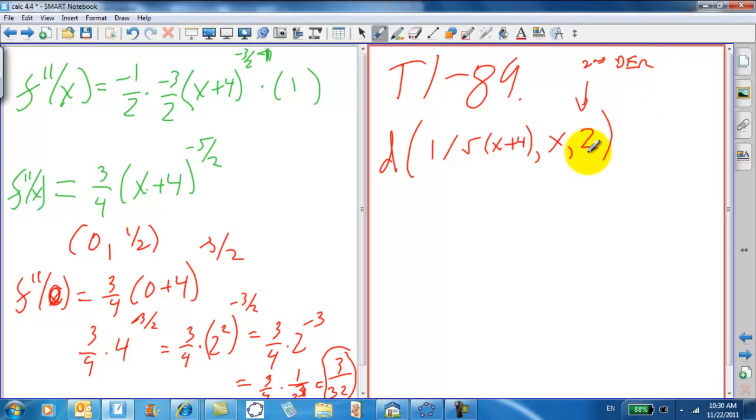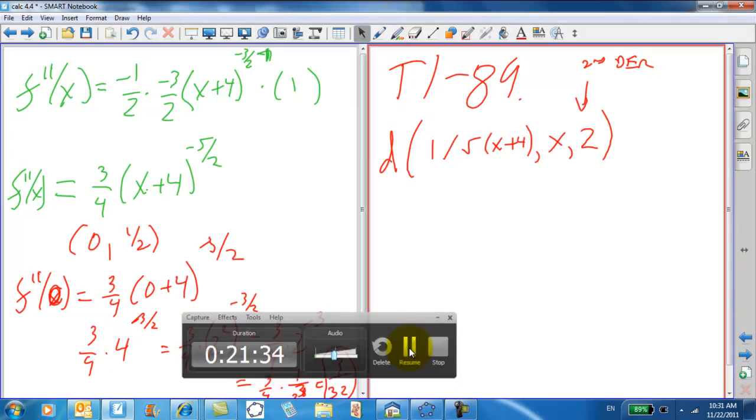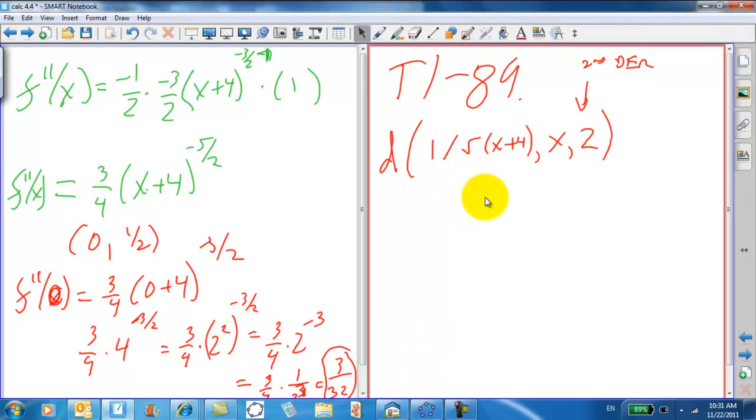Now if you just do that much, let's see what happens. My calculator says 3 over 4 x plus 4 to the 5 halves. And that's consistent with what we have over here.